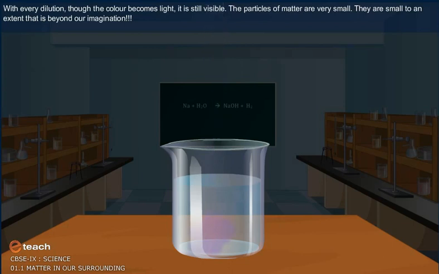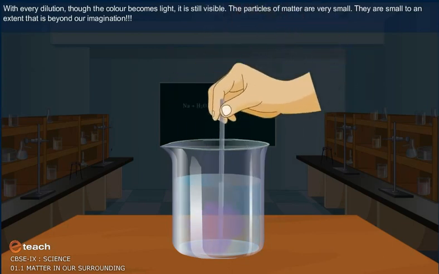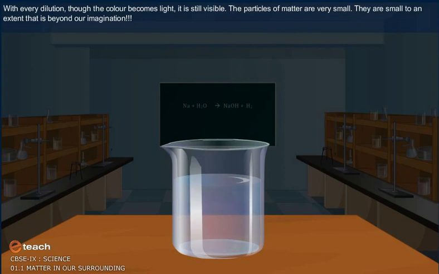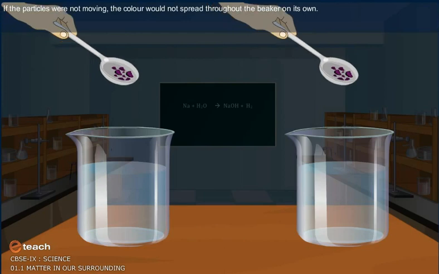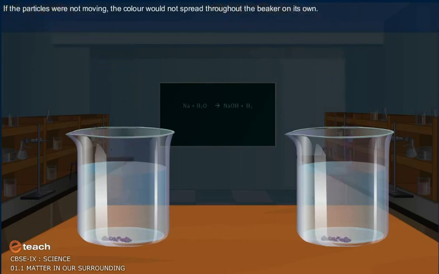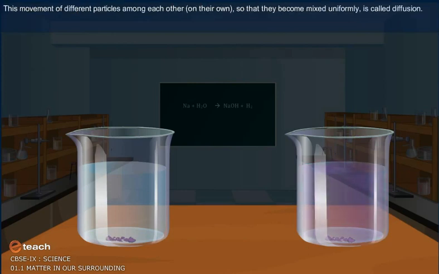The particles of matter are very small. They are small beyond our imagination. If the particles were not moving, the color could not spread throughout the beaker on its own. This movement of different particles among each other on their own, so that they become mixed uniformly, is called diffusion.